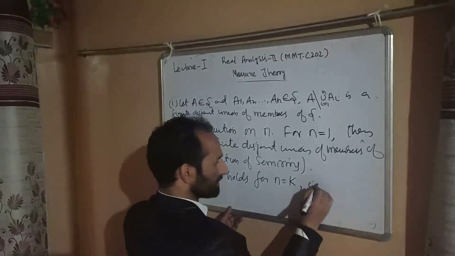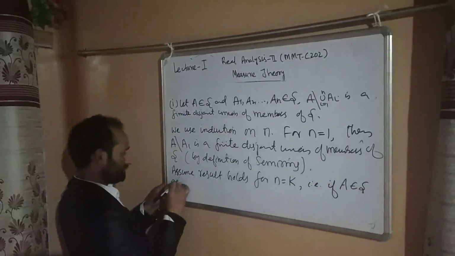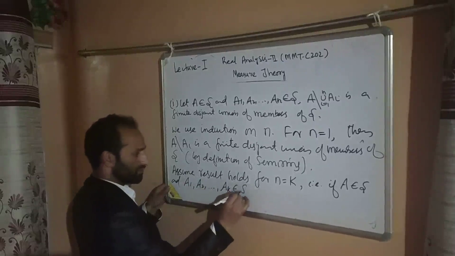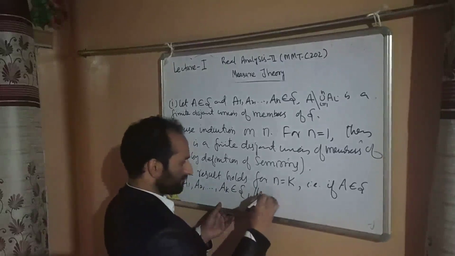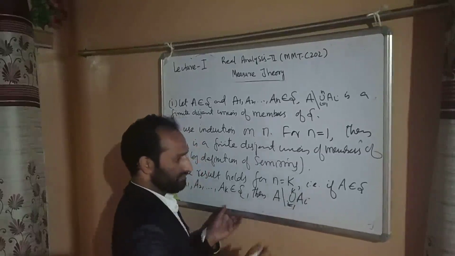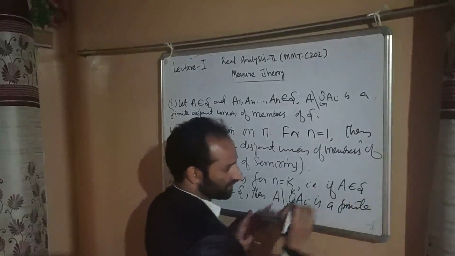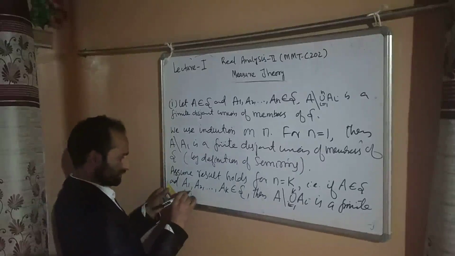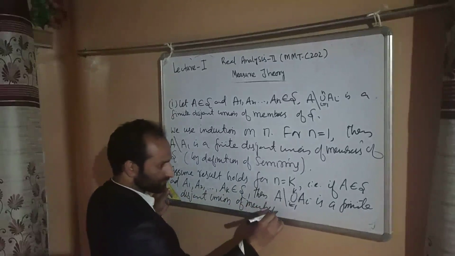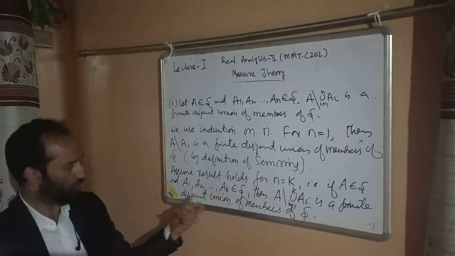That is, if A belongs to S and A1, A2, and so on up to Ak are also members of S, then A minus the union of Ai, i running from 1 to k, is a finite disjoint union of members of S. So assuming the result holds for n equal to k means this holds.